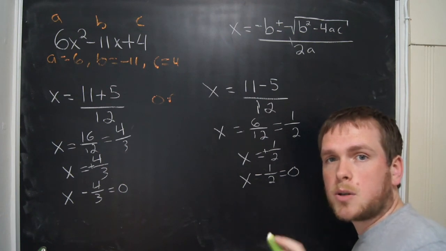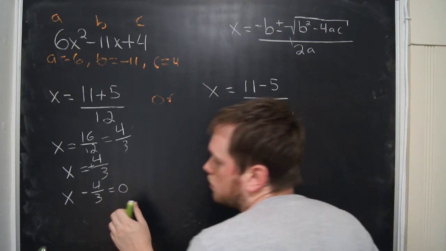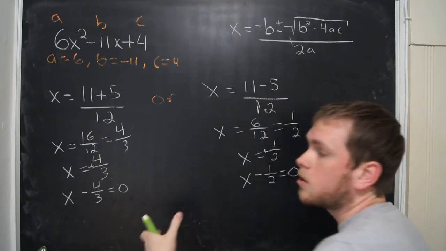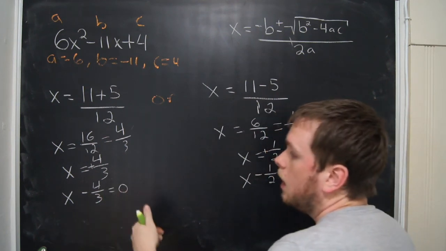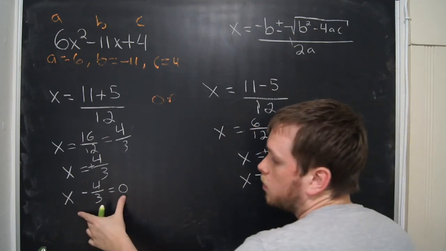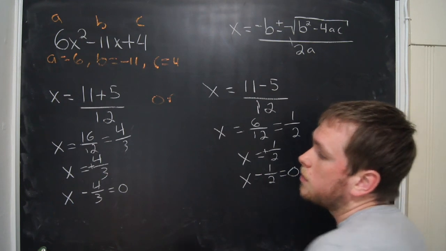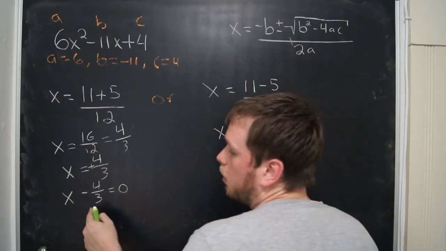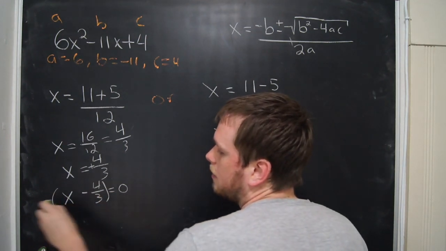Now, since this is set equal to 0, I can multiply this by whatever I want, as long as I do it to both sides, they're going to be equivalent. So if I have x minus 4/3, I'm going to get rid of this fraction. So I'm going to multiply both sides by 3.